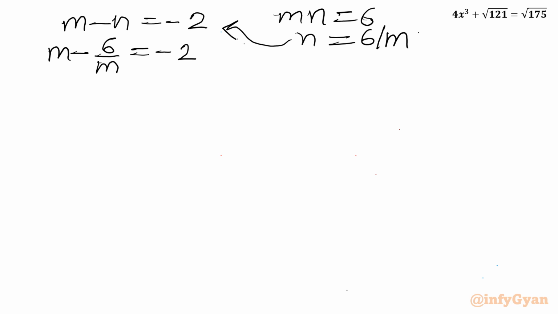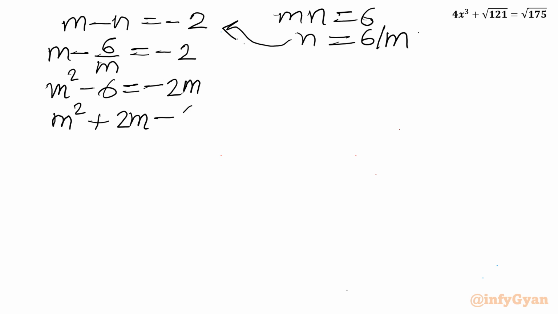Multiply both sides by m. So m square minus 6 equal to negative 2m, or m square plus 2m minus 6 equal to 0.